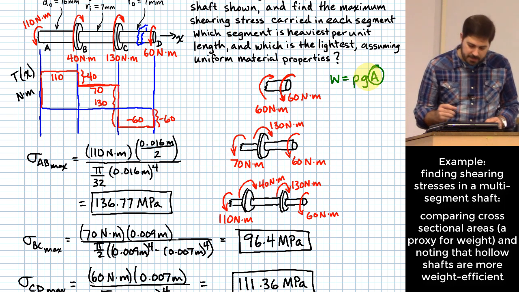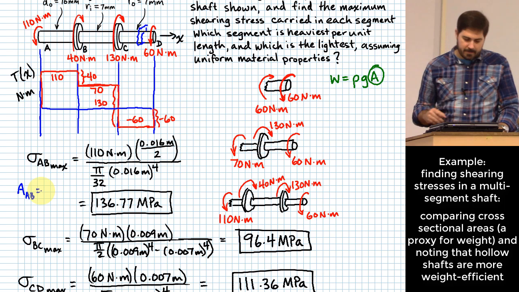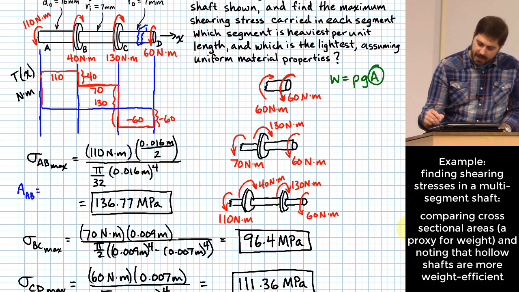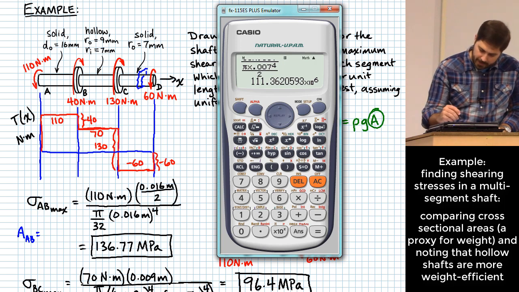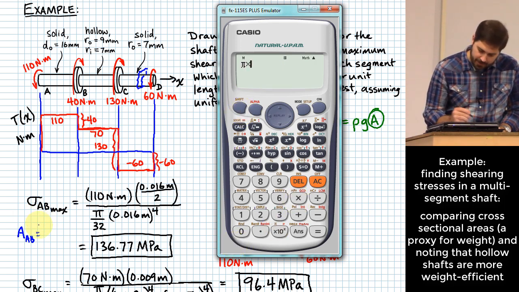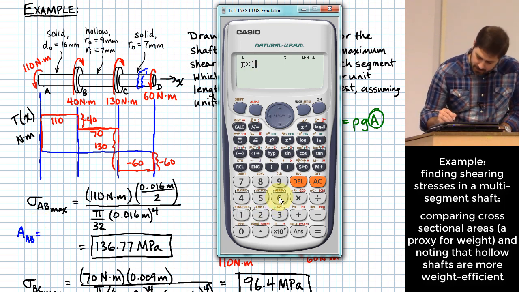So I can tell you which of these has higher or lower cross-sectional area without too much effort. For instance, this first one over here, what is the area of segment AB? It's just equal to pi d squared over 4. So pi times the diameter, I'll just leave them in millimeters for this question, 16 squared over 4.